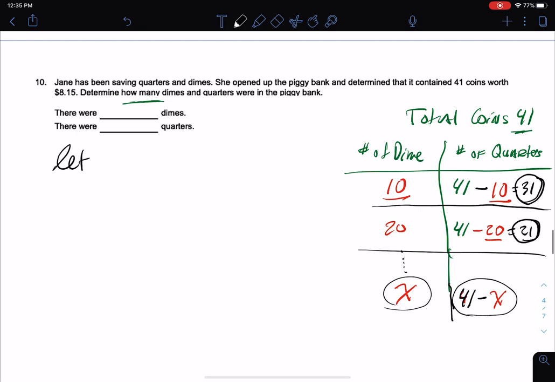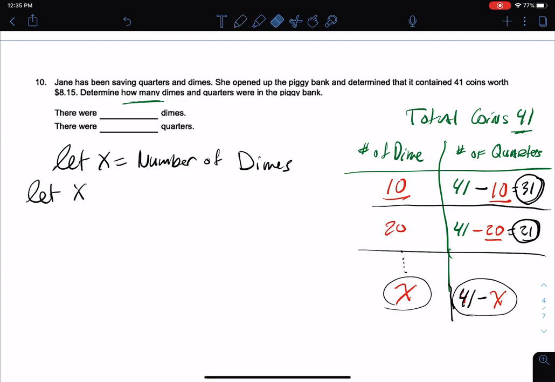So we're going to let x equal the number of dimes and let 41 minus x equal the number of quarters. Okay.